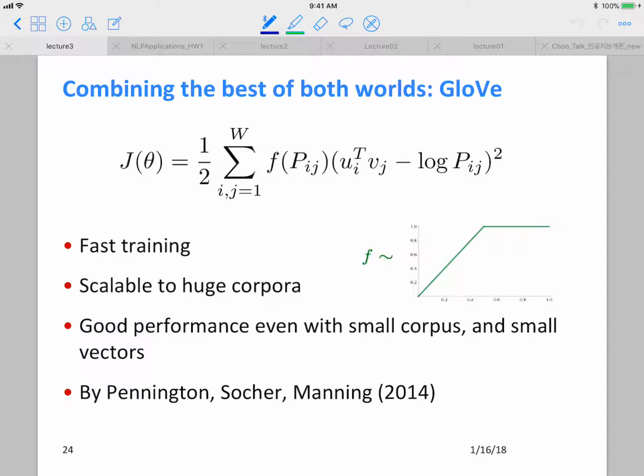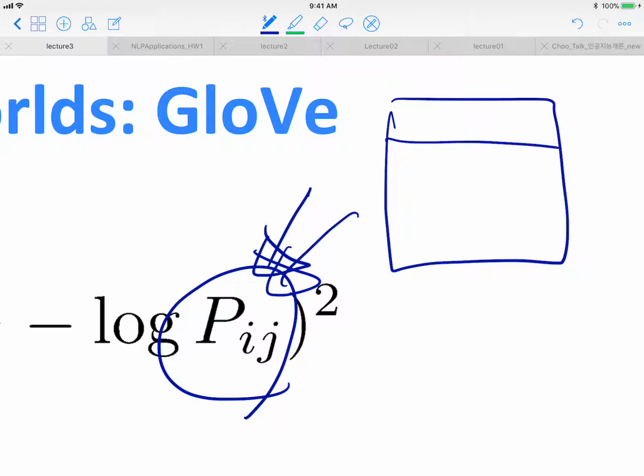Okay, so in the case of GloVe, the objective function is basically count based, right? You can think of this as the co-occurrence matrix between words, a word by word co-occurrence matrix. Then we consider the probability distribution, which means we simply perform a row-wise or column-wise sum-to-one normalization.